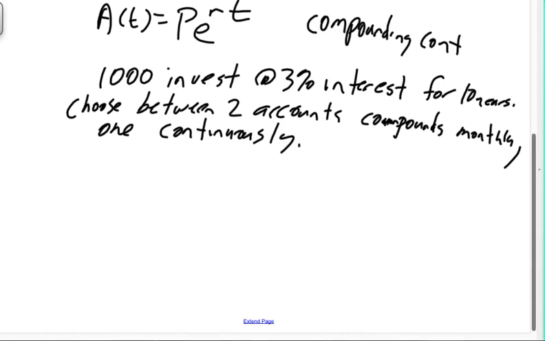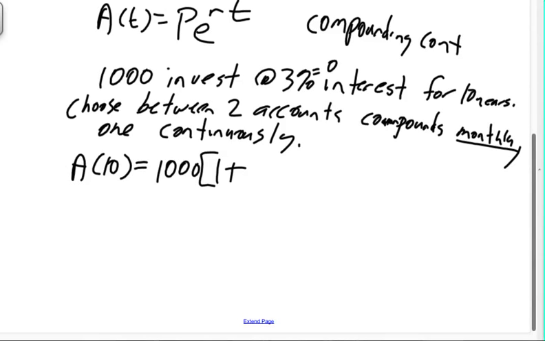Well, first thing we do is go back in. So A of 10 is equal to 1,000, that's the amount we're going to start with, times (1 plus, and we're going to start with the compounding monthly, so my rate is 3%, which is 0.03, over 12, since compounding monthly is 12 times a year) to the 12 times 10.